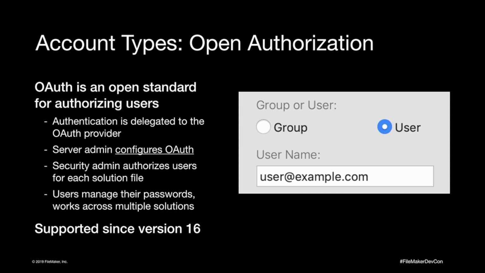But you can imagine someone, for example, having full access to your solution file. They're going to be using managed security and setting everyone up with their access. And the other thing that's a little bit different is users will manage their own passwords. So they'll maintain this relationship with the OAuth provider, and if they need to change the password, they're going to go to the OAuth provider to do that.